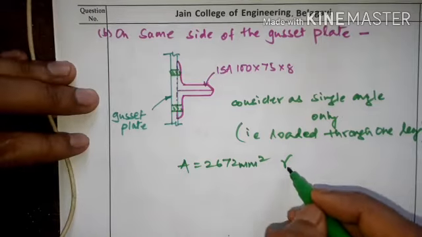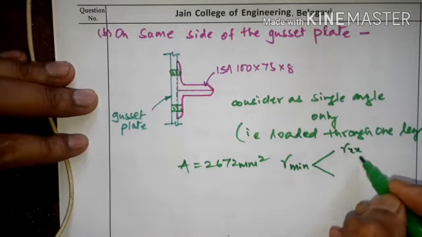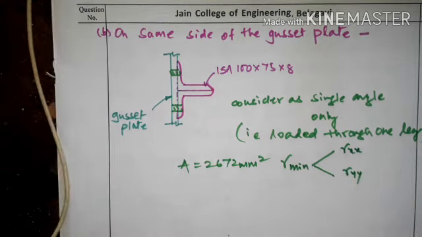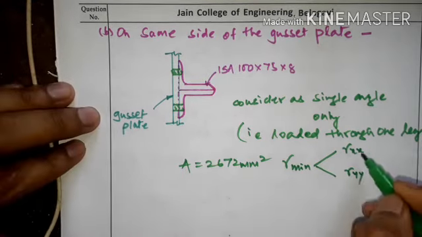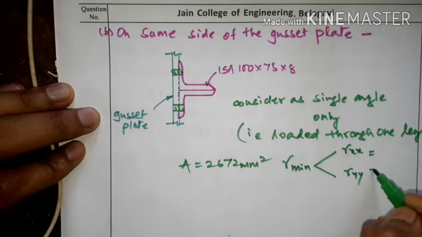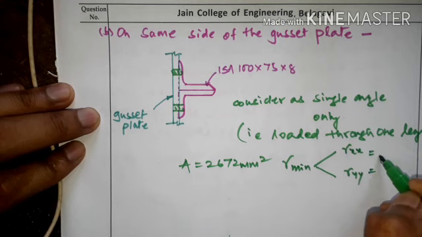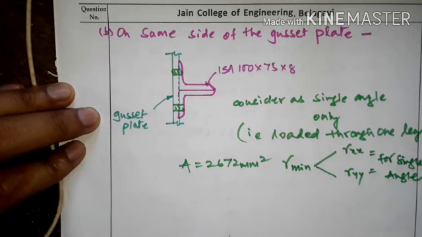But here r minimum is nothing but the lesser of rxx and ryy. These two values we have to refer for single angle, not for double angle.